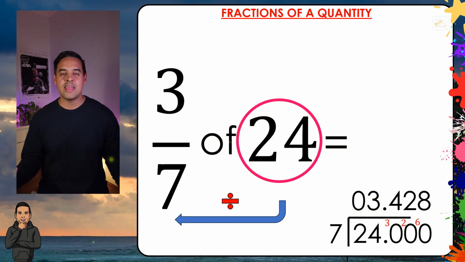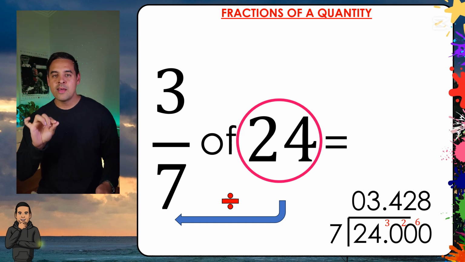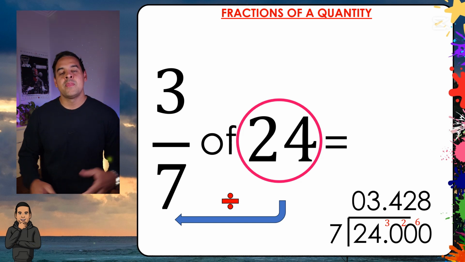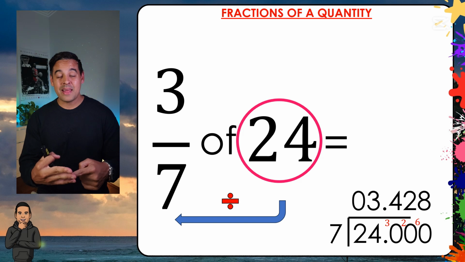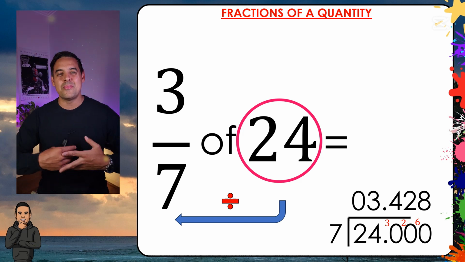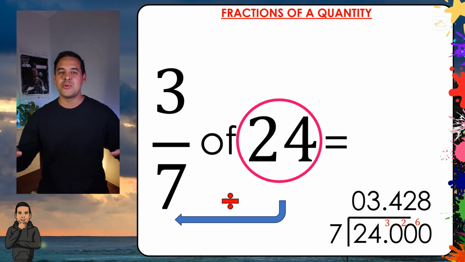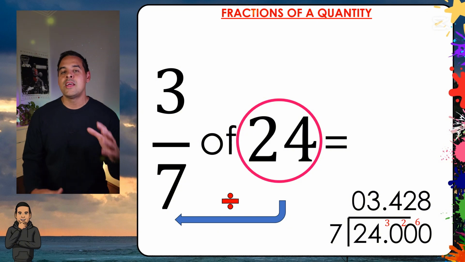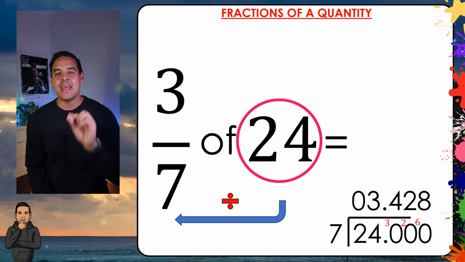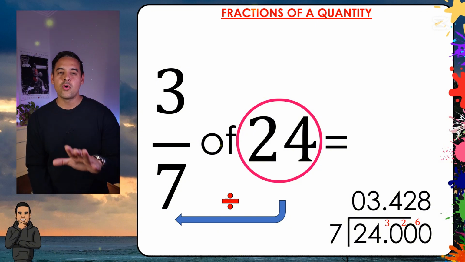So as you can see here, 3.428. So we've gone 3 decimal places. Anything extra is just going to be a bit of a waste of your time, but with the 3 decimal places, we can actually round our number up to give us a more accurate answer. So we have 3.428 here.